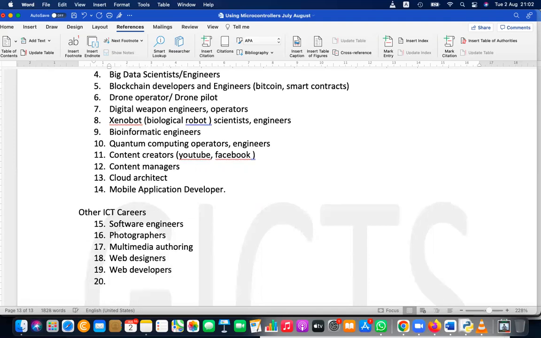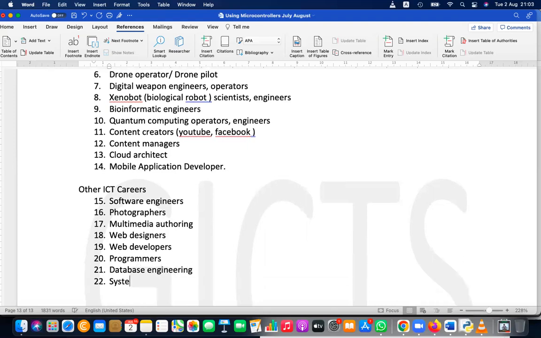Designers are working front end, developers are working the back end, server side. What we see is developed by the designers. What you cannot see is developed by the developers. Programmers, database engineers, system analyst. These people are suggesting system designs.